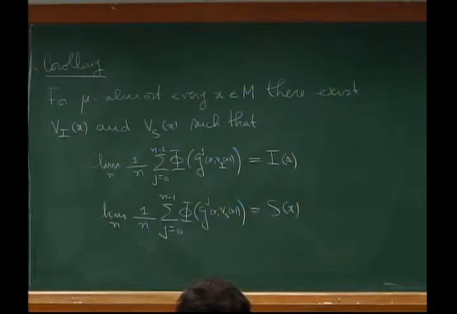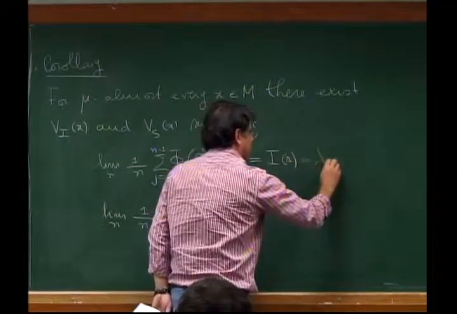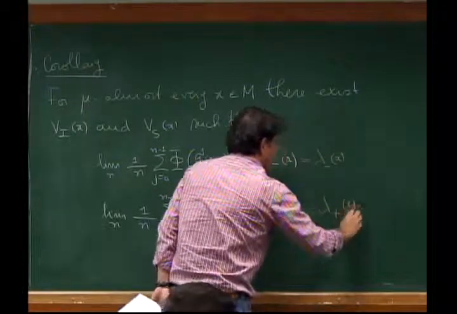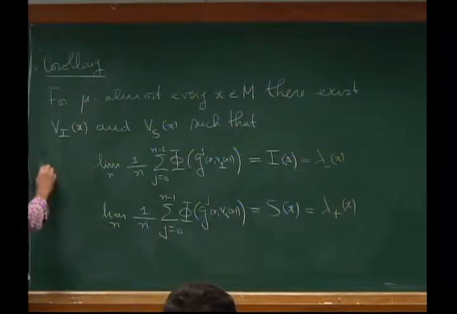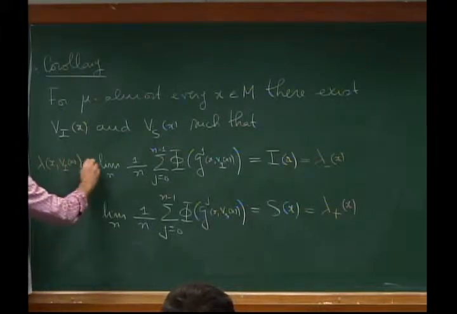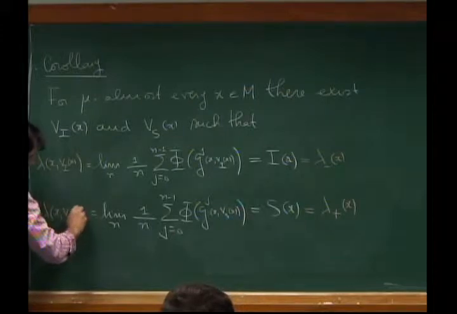And this means, so this here is lambda minus, this is lambda plus, and here on this side what we have is lambda of x, vi of x, and this is lambda of x, vs of x.